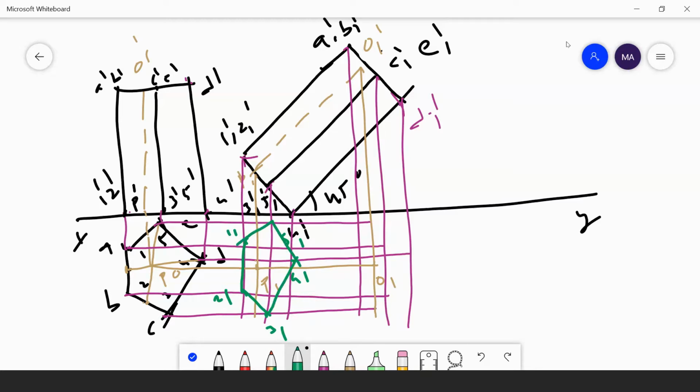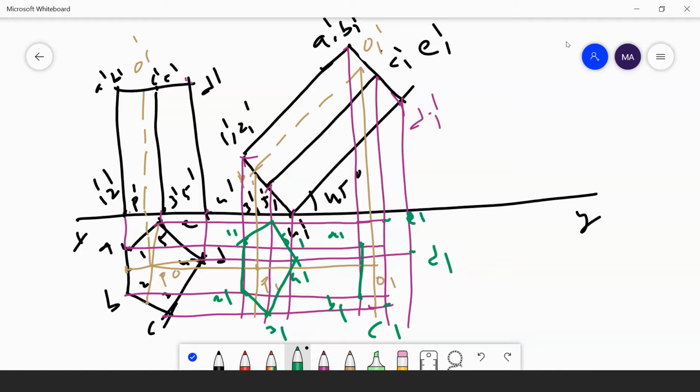Similarly, I am marking here A1, B1. Here I will get C1, D1, E1.